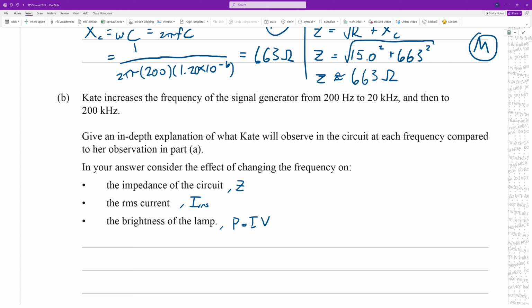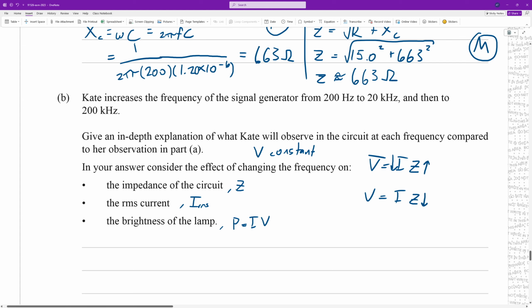And so if Kate keeps voltage constant, she's just changing the frequency. As impedance changes by Ohm's law, if voltage is constant, if impedance goes up, current would go down.